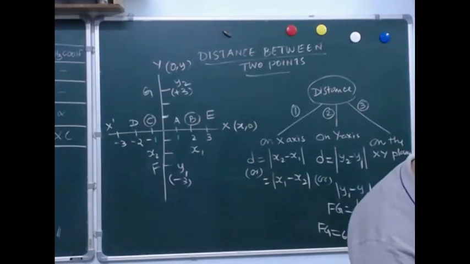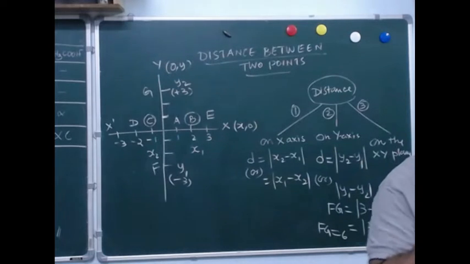Please take down this. So far we have discussed the distance between 2 points on the x-axis and y-axis. Is it clear now? Now let me work on the plane, the distance between 2 points on a plane.